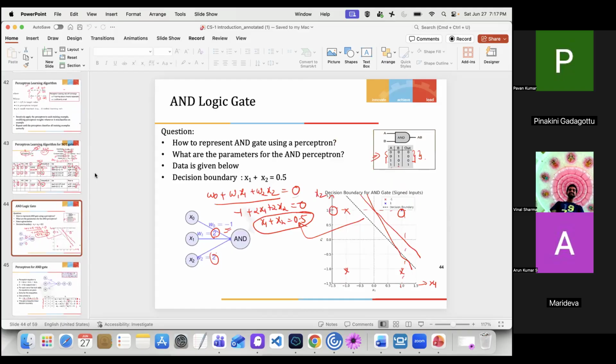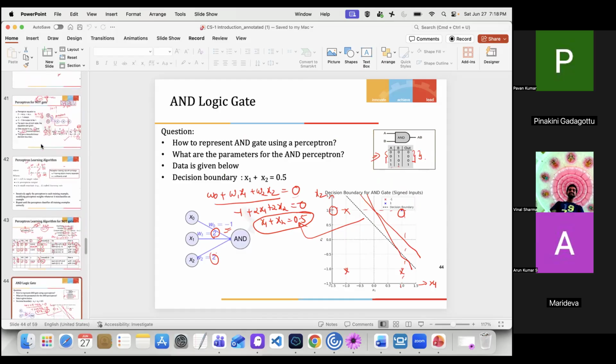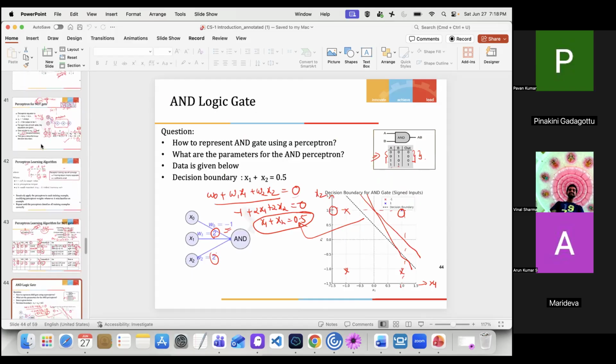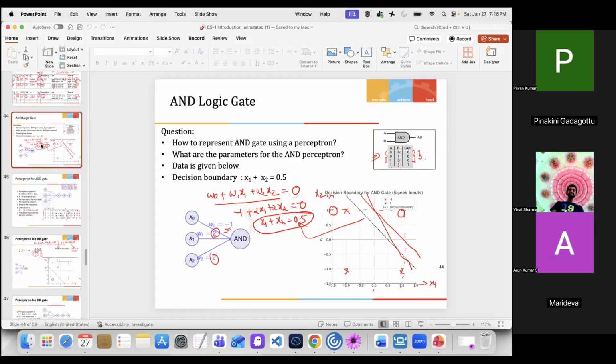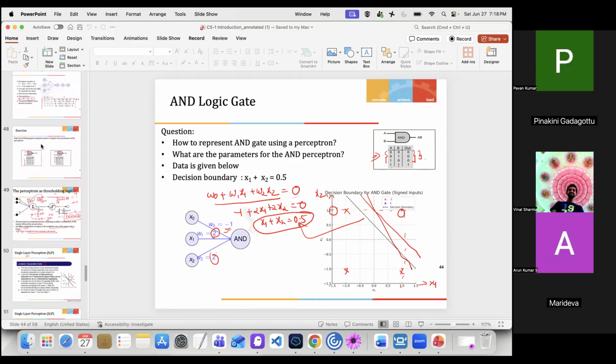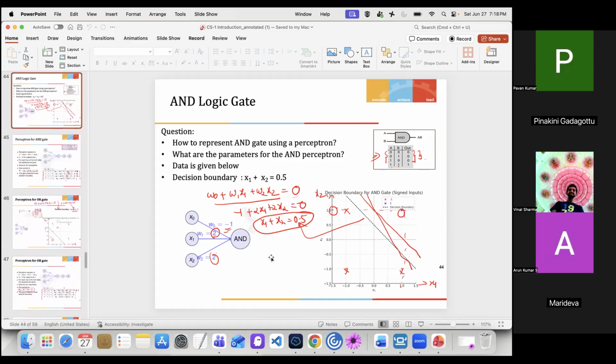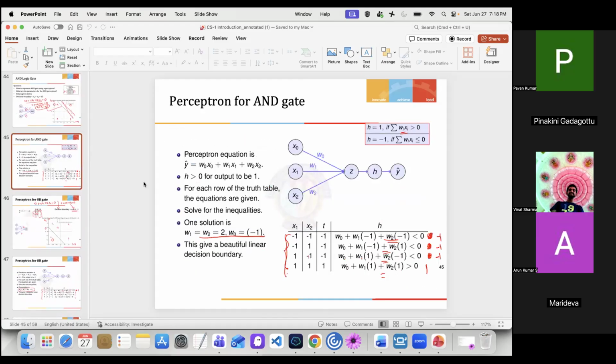Yeah, I think I'll take this example. So if you plot the AND gate, what is the AND function? Okay, it's okay. There it is.